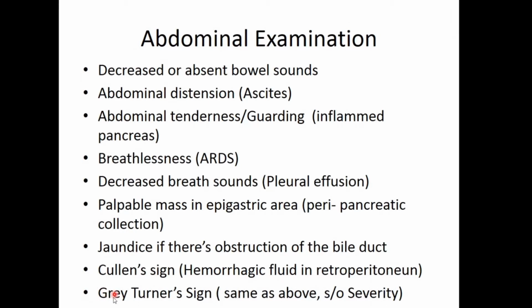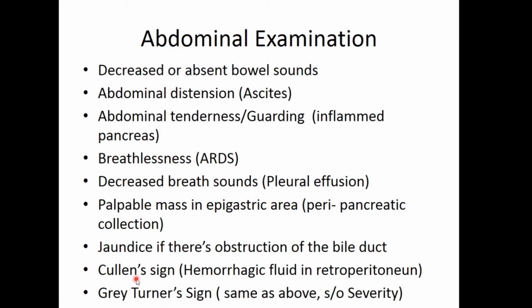So presence of Cullen sign and Gray Turner sign is considered a red flag sign, so to say, which suggests that the severity is much more. In the next slide, we'll see what exactly Cullen and Gray Turner sign are.